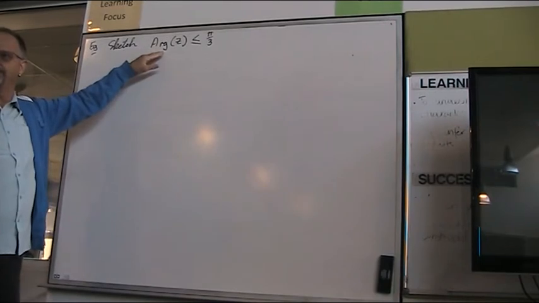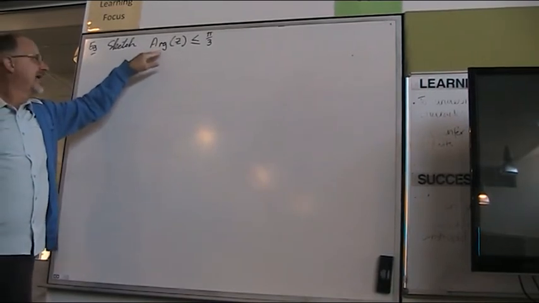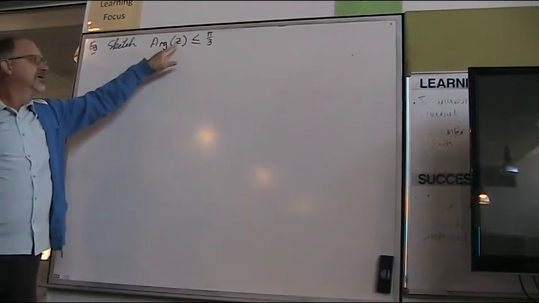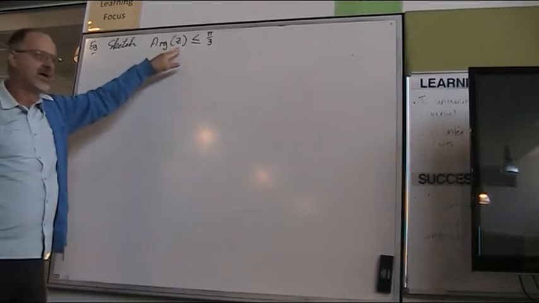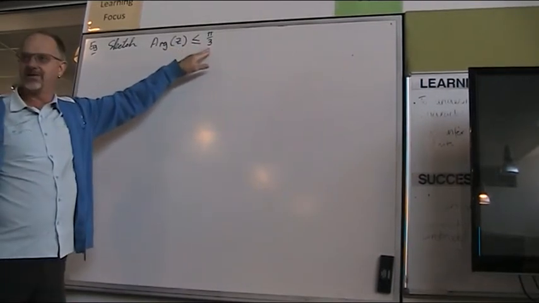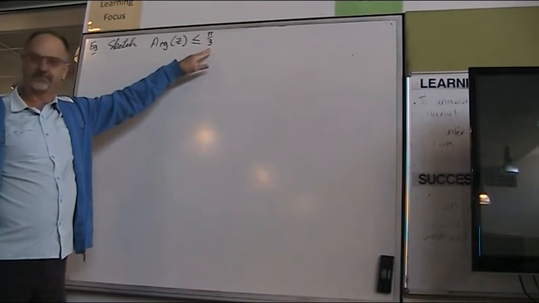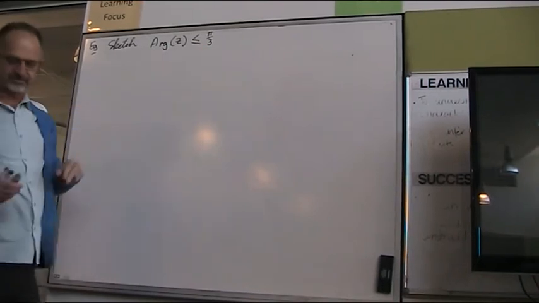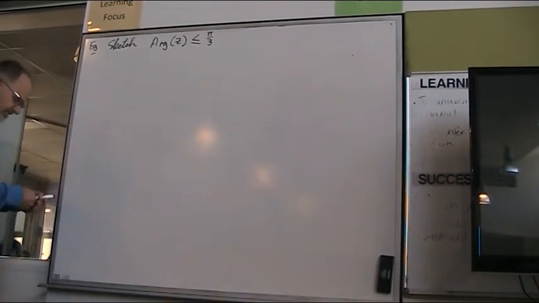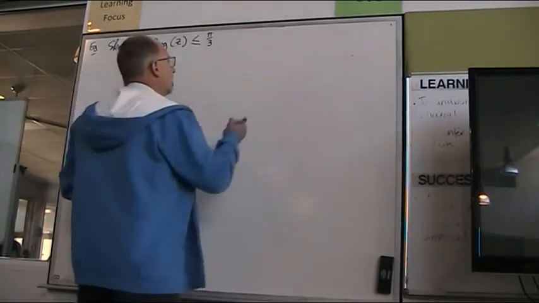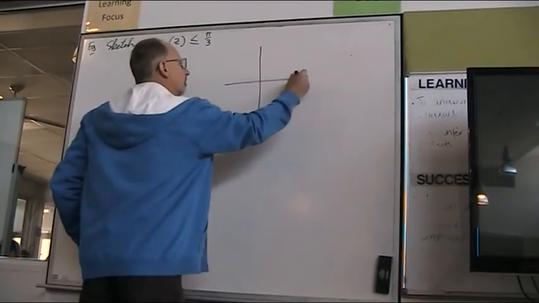So when we're looking at this, arg means the angle. So the angle part of this complex number, anything that's less than or equal to pi on 3. So any of those. Let's have a look and think what's going on.